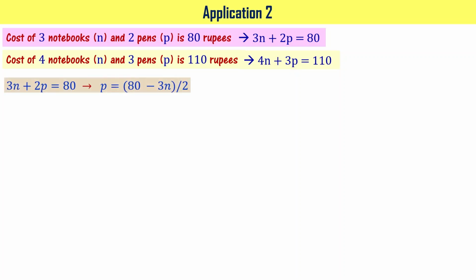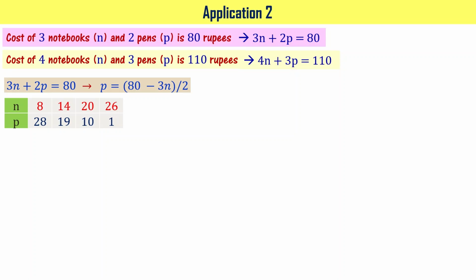Let us consider the first equation and rewrite it such that it can be written as p equal to (80 minus 3n) divided by 2. You tabulate data for that. When n equal to 8, p equal to 28. When n equal to 14, p equal to 19. N equal to 20, p equal to 10. N equal to 26, p equal to 1, right?